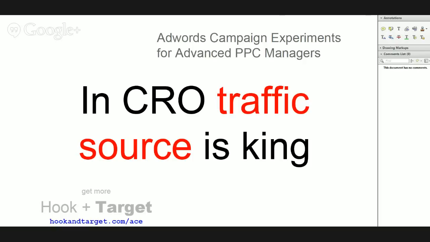I had a client who had something like a 3% conversion rate across the whole site. 3% of the traffic that came to the site, they converted. But when I looked at the traffic source, I saw the biggest variance in terms of conversion rate. That client had a partner, and on that partner's website, they had a little link that said, if you need this type of help, go to this company.